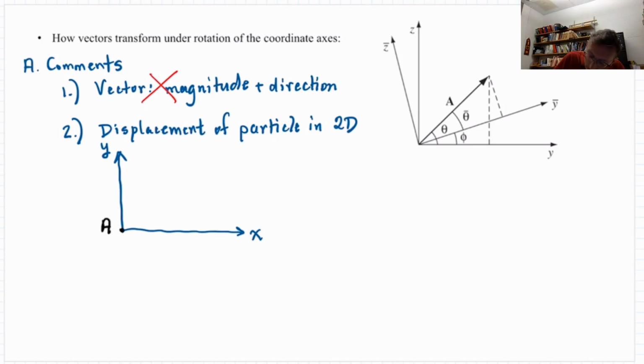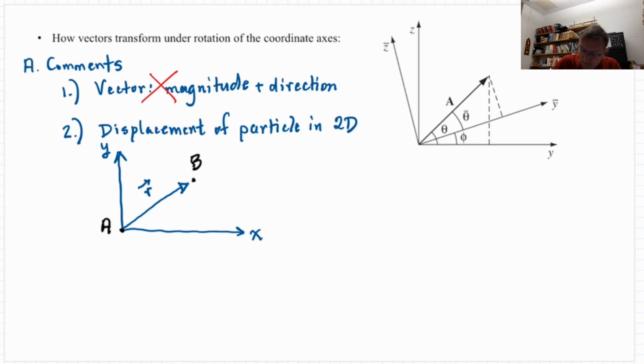And it moved around by whatever path, I don't care what path it took, but it ended up at a point B there. We know how to represent its displacement, and displacement from the origin is often just denoted as r vector. So I'm going to draw an arrow in a straight line from A to B and label it r, and I'll put the arrow on it because we know displacement is a vector quantity.